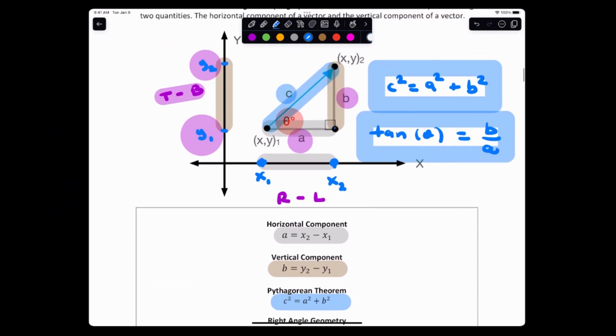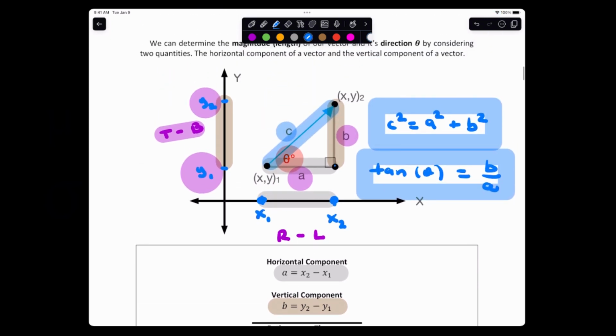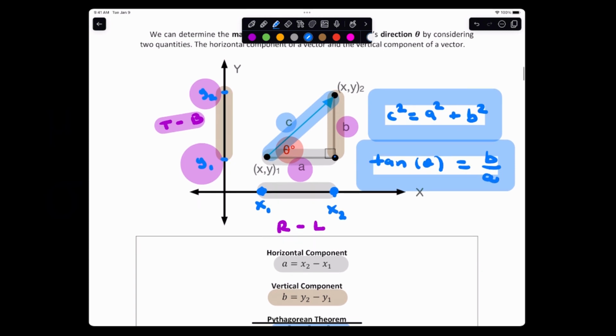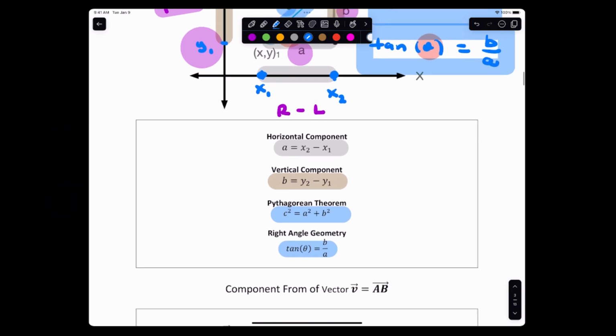This goes back to the work we did on the first day. Is that right? Did we look at right triangles on the first day? You go, wow, I never knew right triangles had so much information and so much use. They do. So that angle theta and C, we're going to find the magnitude. Okay, you guys have all the right information there.